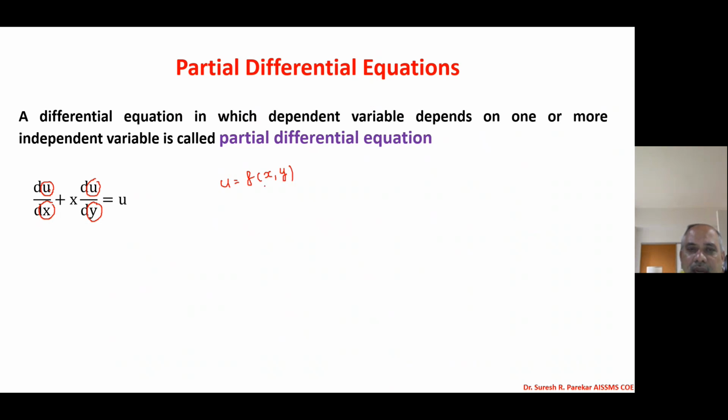When one dependent variable is a function of more than one independent variable, then the equation formed is known as a partial differential equation. Then you can see d cube u by dx cube plus d square u by dy square equal to sin y. So likewise, we have these equations which are related to partial differential equations, because we will come to them in the third part of this GATE syllabus, where we have partial differential equations.